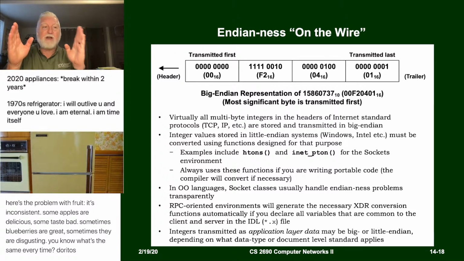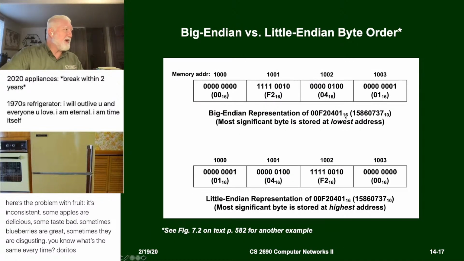So the byte is still high order to low order. That doesn't get switched. But the order in which the bytes get sent, that's all you have to know about Big-Endian and Little Endian. Okay? And so that's what this is trying to show you: these are the values, a Big-Endian representation of that value, 00, F2, 04, 01, all in hex, right?